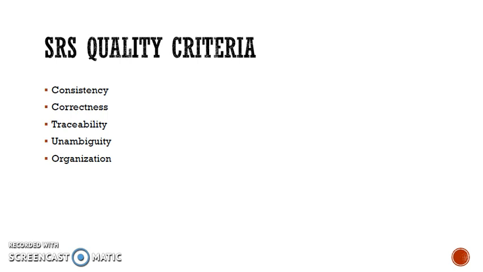So the correctness we can see in here is if every requirement represents something required of the system or software to be built. For example, every requirement in the SRS contributes to the satisfaction of some need, and all needs are considered in the specification.